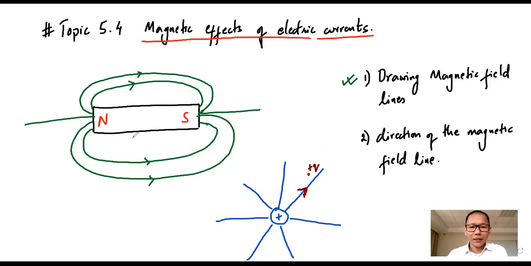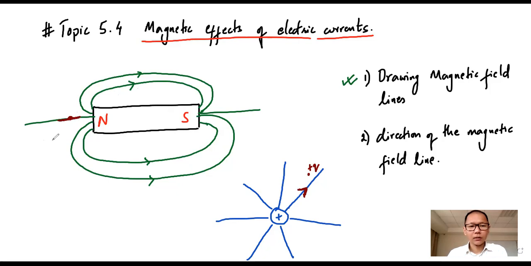Similarly, in the magnetic field, we put a magnetic compass, and we are looking at the direction of the north. Where is the north pointing? At this end. Let's say this is the magnetic needle here.